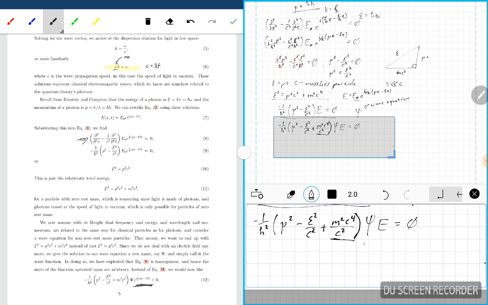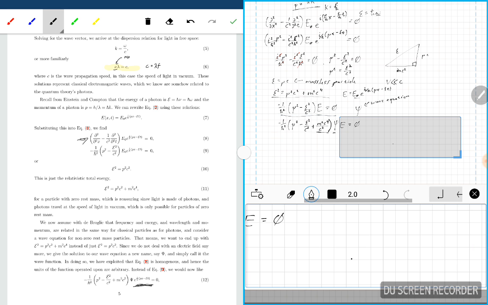And then we're going to also introduce the wave function, and we have that multiplied on both sides of our equation. So we're thinking about it in terms of the wave equation now.